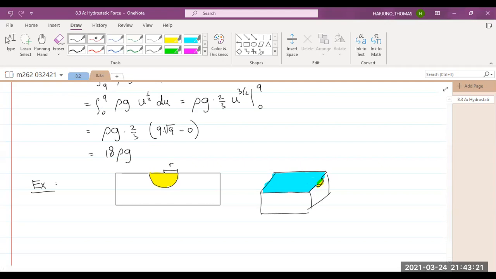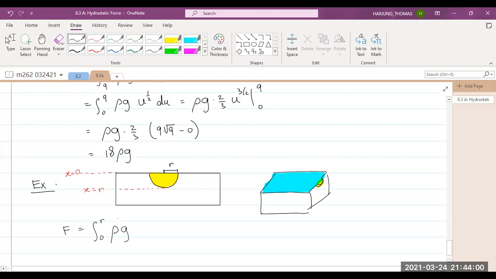Okay, we will start with, let's say this is our line of reference, x equals 0. Then how deep will this be? It will be r, that's right. So our force will be the integral from 0 to r, right?